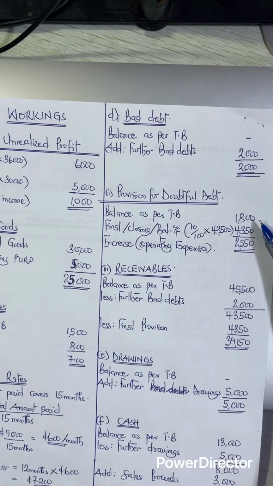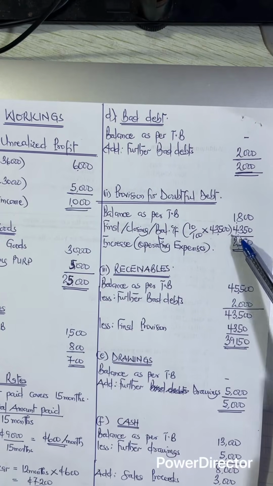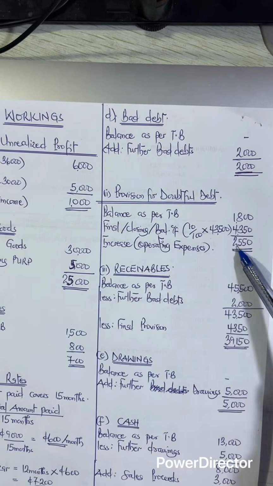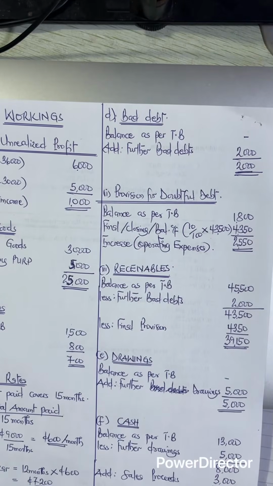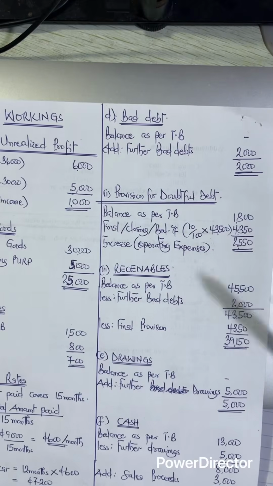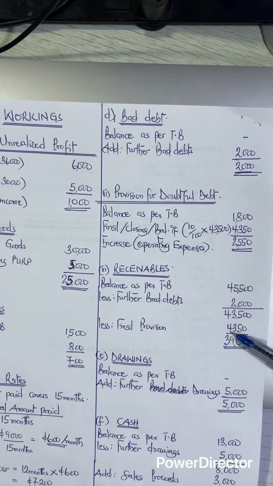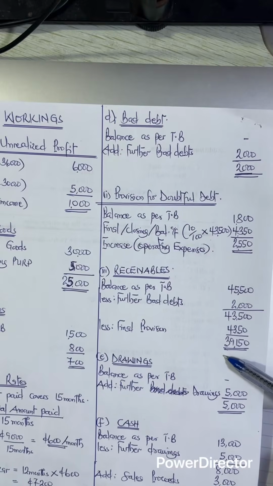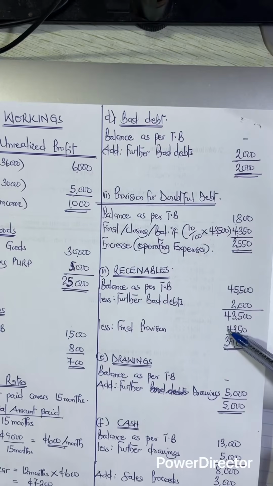Initially, it was 1,800. At the end of the year, it has risen to 4,350. So there's an increase of 2,550, which will go to the operating expenses under the income statement. When you are done, you come and deduct the final provision so that you've deducted your bad debt, you've deducted your provision that you have to.